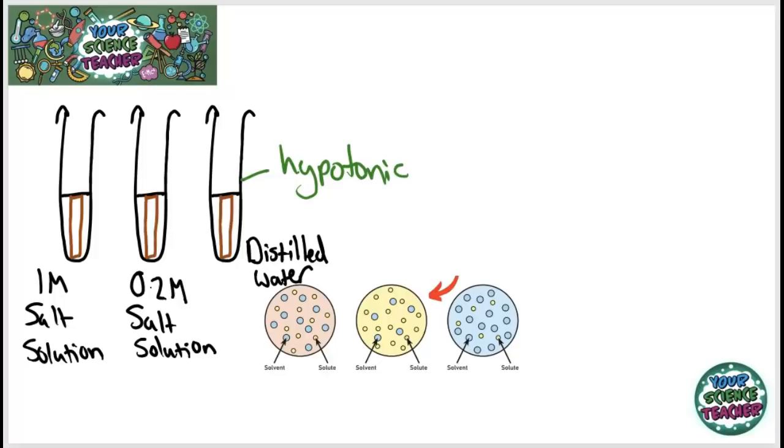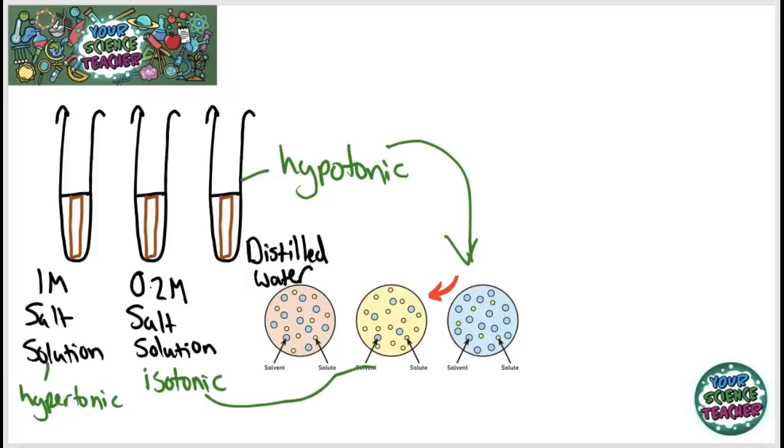And here I've got my isotonic solution, in which my solute and solvent are in similar concentrations, and I have my hypertonic solution, in which my solute is in a high concentration, as shown by these 3 images. This one over here is my hypotonic, this one is my isotonic, and here is my hypertonic solution.